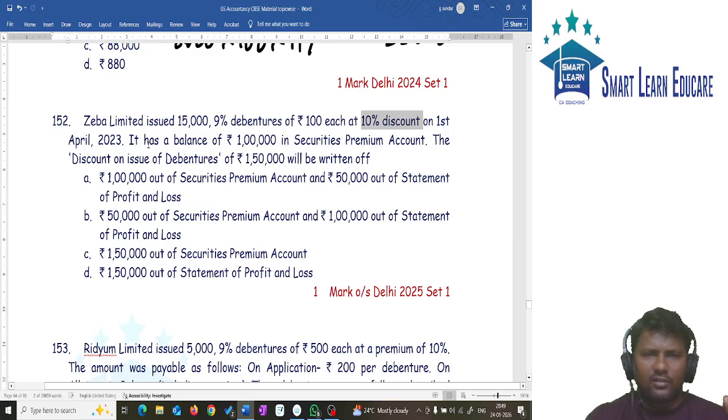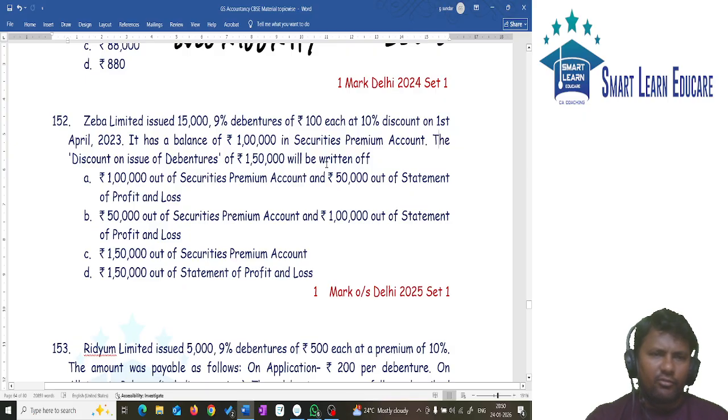On 1st April it has a balance of 1 lakh in securities premium. We studied the usage of securities premium. One such purpose is that it can be used for writing off discount on issue of debentures. Also it can be used for redemption of debentures. Okay, next.